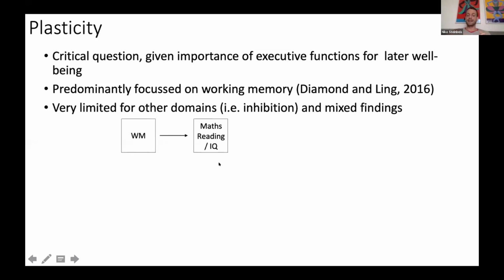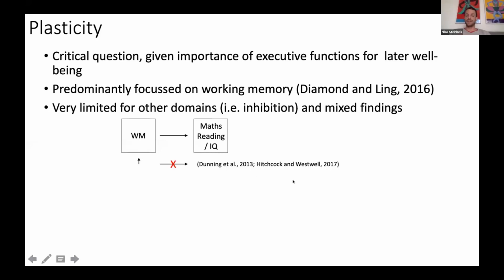So there's a very well-established relationship between the two. And the idea is then that if we try and improve or train working memory, we also ought to see associated improvement in these related domains, such as academic achievement and IQ, but we don't actually see that.